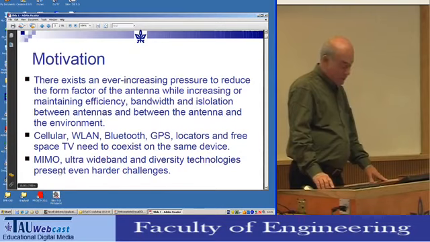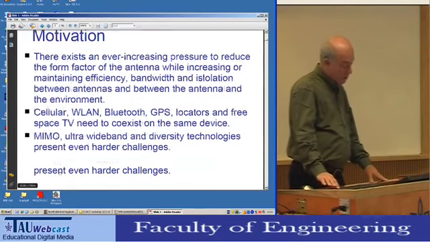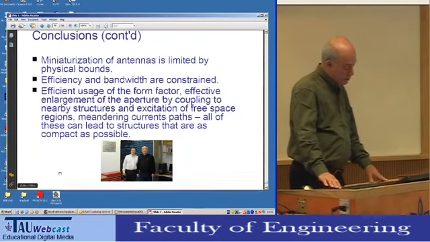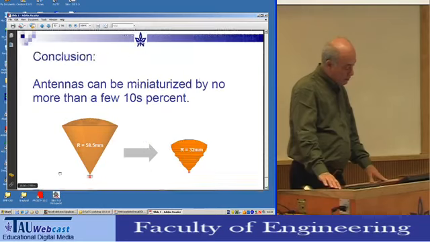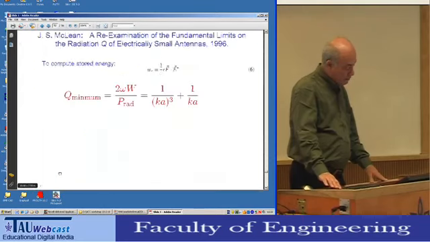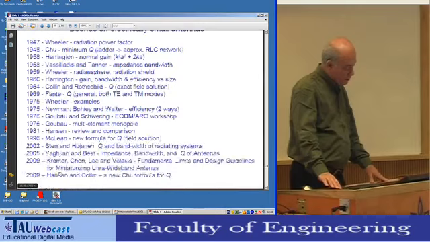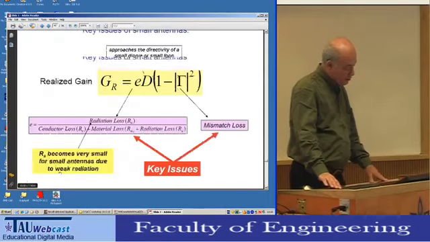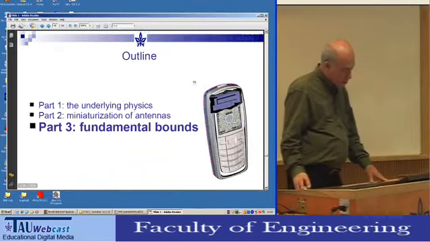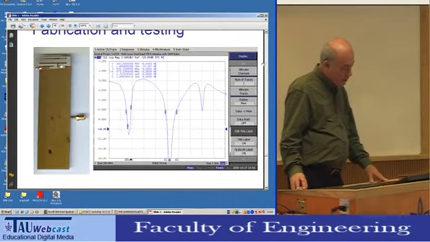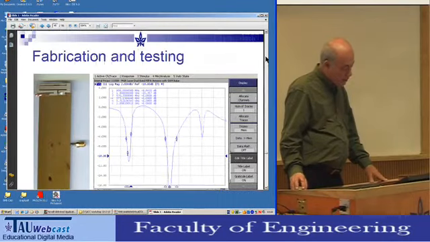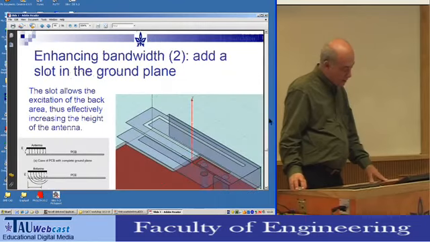I believe the problem is definitely there. This is the case I was trying to make when I showed you that it's very difficult to bring two small antennas close together.